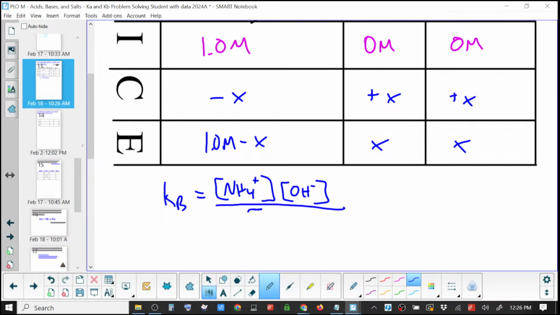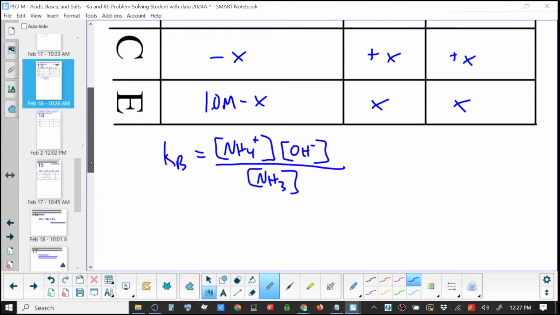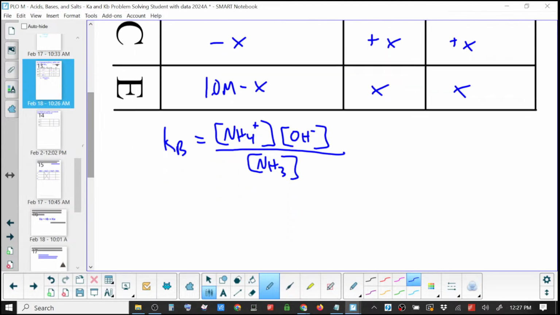I think that's right. 14, okay, then pH equals... another constant. Wait. 11.625.